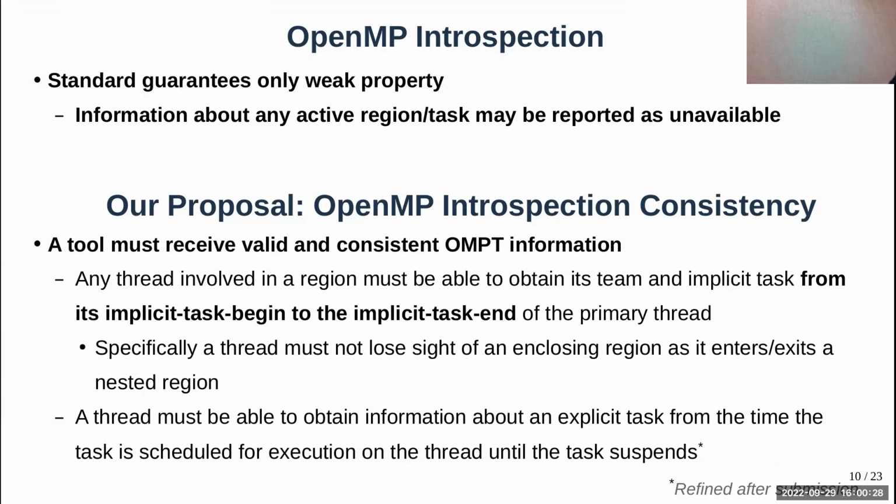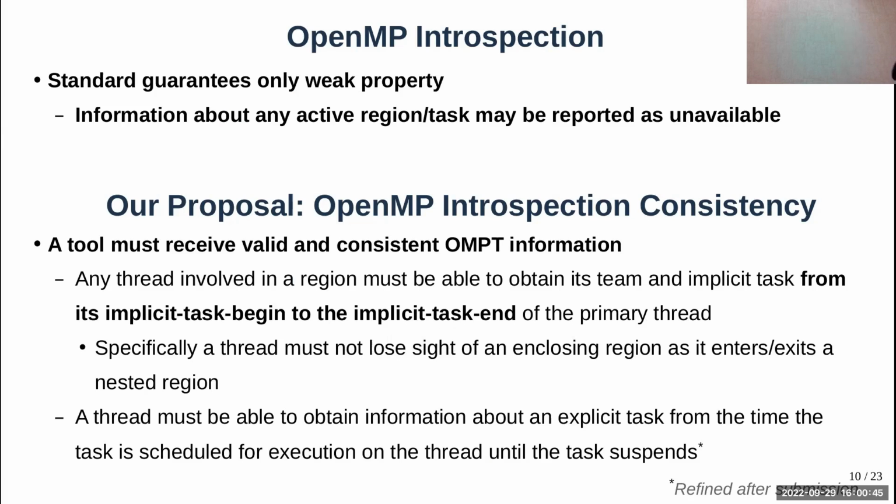No matter if we enter some new region or whatever, this region is still active and present on the stack. Until when? Until the primary thread executes the implicit task end, which we can consider as basically the region end.